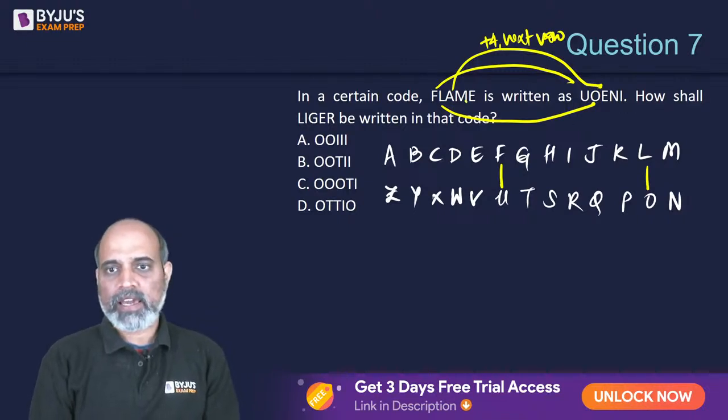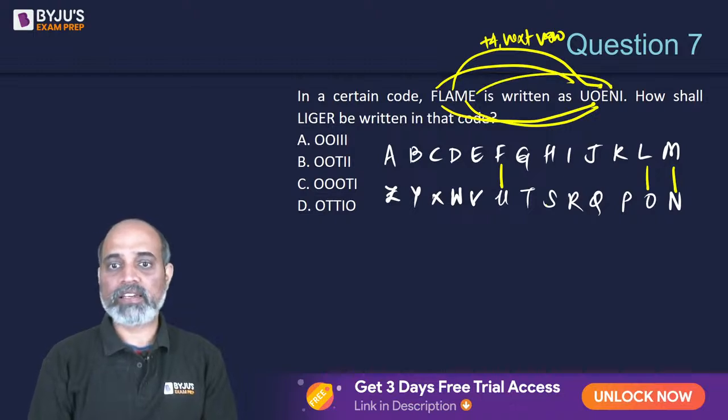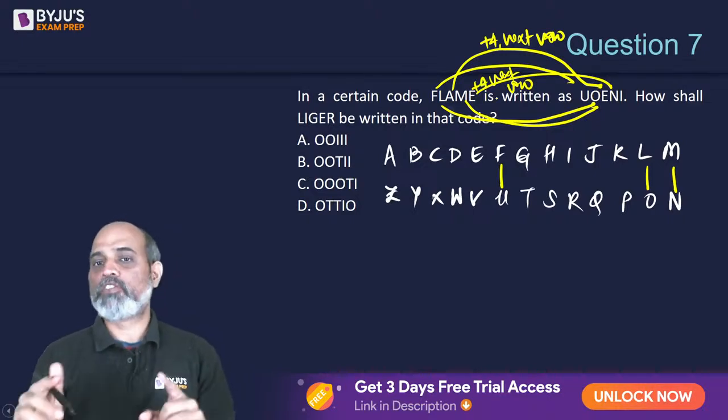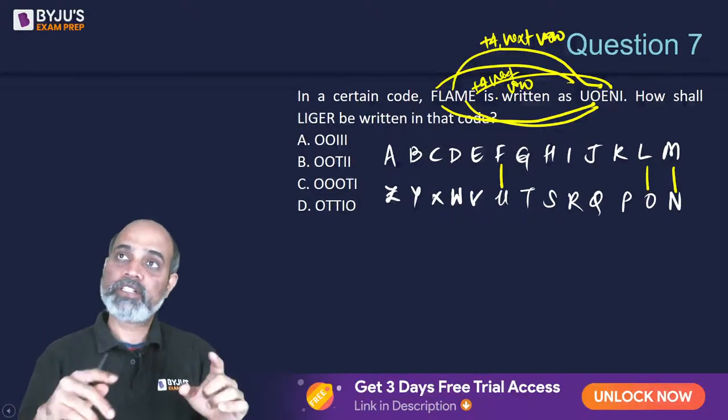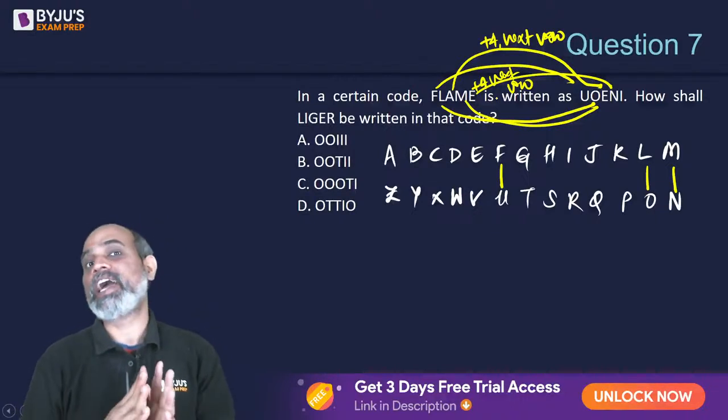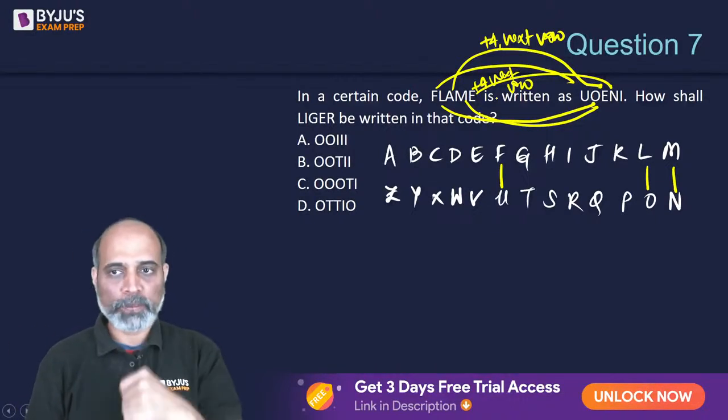Okay? M is written as N, same column. E is written as I. Okay, so this is again next vowel. It can still be 4. So it's either 4 or next vowel. So every time there is a vowel in a word, either we move to the next vowel or we add 4 to it. Okay? Let's check the options.